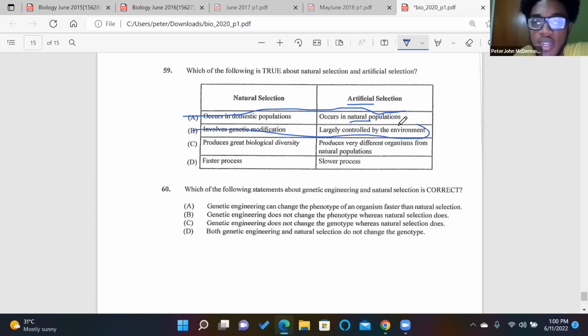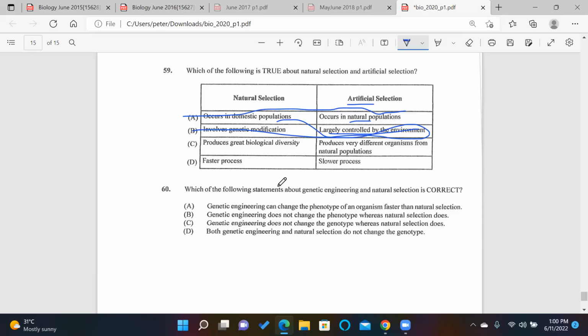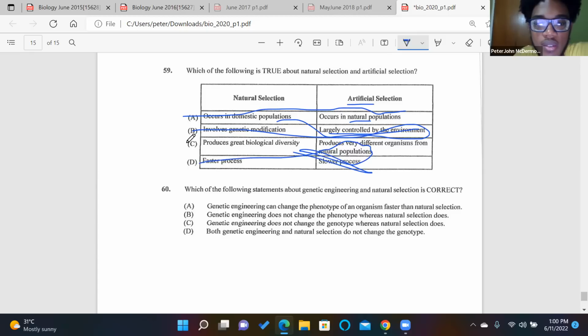So without even saying anything about the genetic modification, we can skip it based solely on this. All right, let's do this one. Is natural selection a fast process? No. So what's the answer? C.